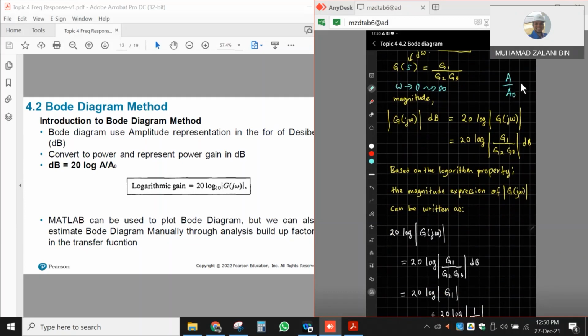So this is the amplitude representation of the function G as a function of frequency, J omega.